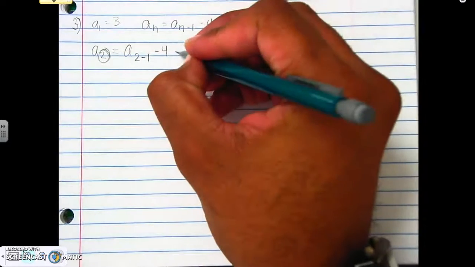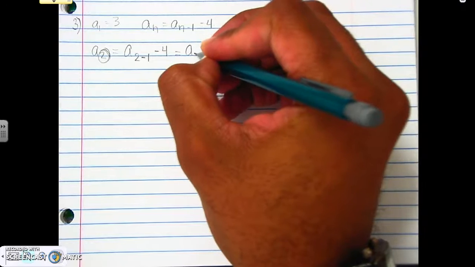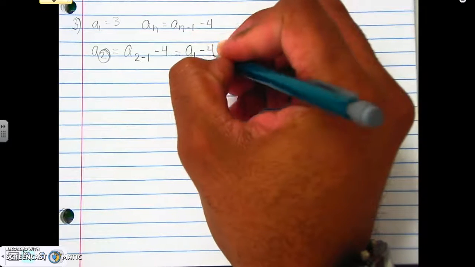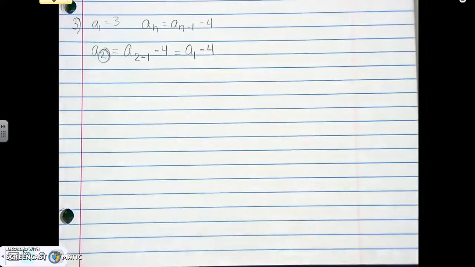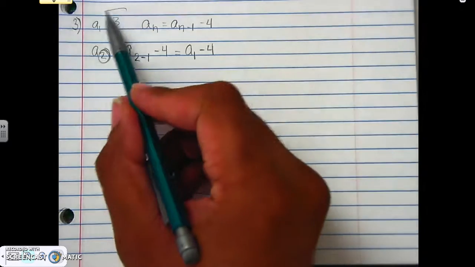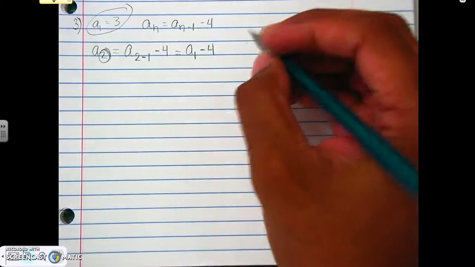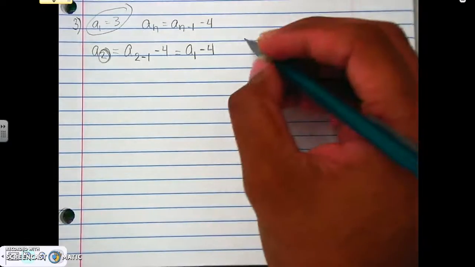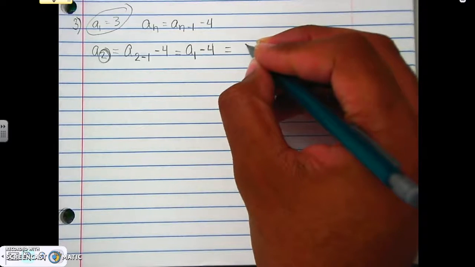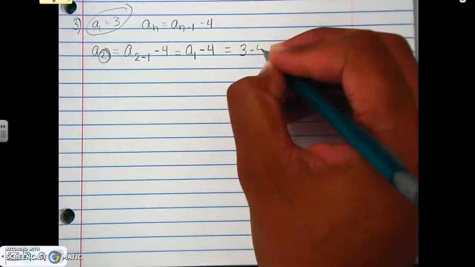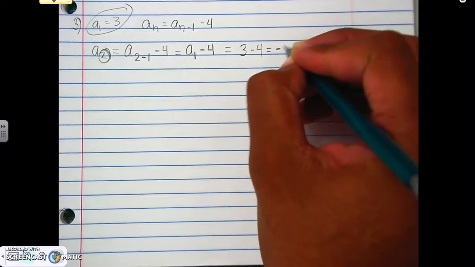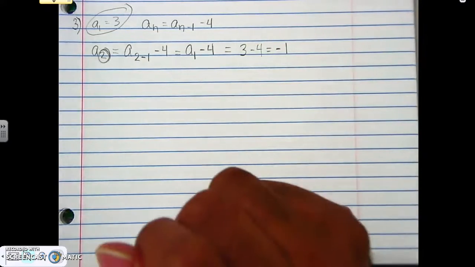And 2 minus 1 is equal to 1, right? So what does A1 equal? A1 equals 3. So when we write this, instead of writing A1, we write 3. And that gives us -1 when we subtract it. So that's A2.